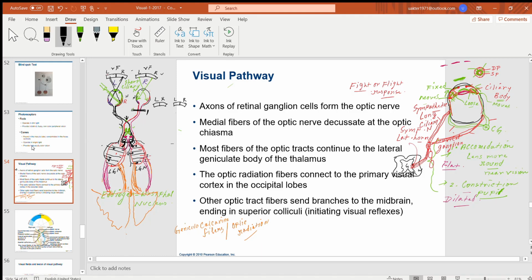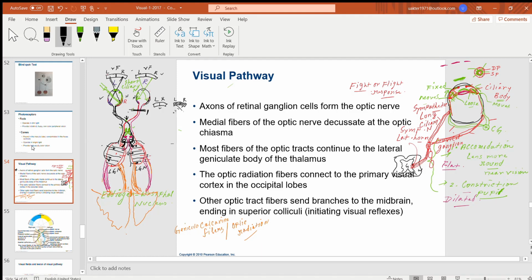what will happen? This eye's visual field is intact, no problem, and this side's hemifield will be affected. Make sense? Because this part is going to the same side's nasal hemiretina, and this one is going to the same eye's temporal hemiretina.